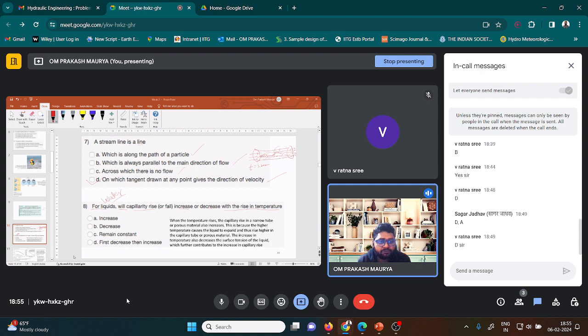You have 3 minutes for this question. After 3 minutes I will discuss. I have some pictorial representation for that also, how the density varies with temperature and how the surface tension varies with temperature.